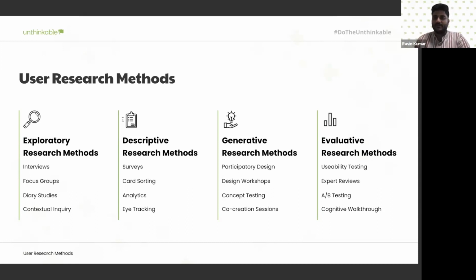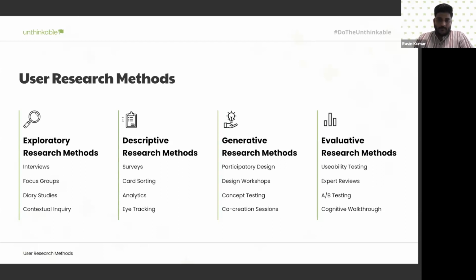Research always helps. By employing various types of research methods, we can gather different sorts of insights that inform our design decisions, and ensure that our healthcare platform addresses the needs of our users and all the personas that we discussed in our last slide.